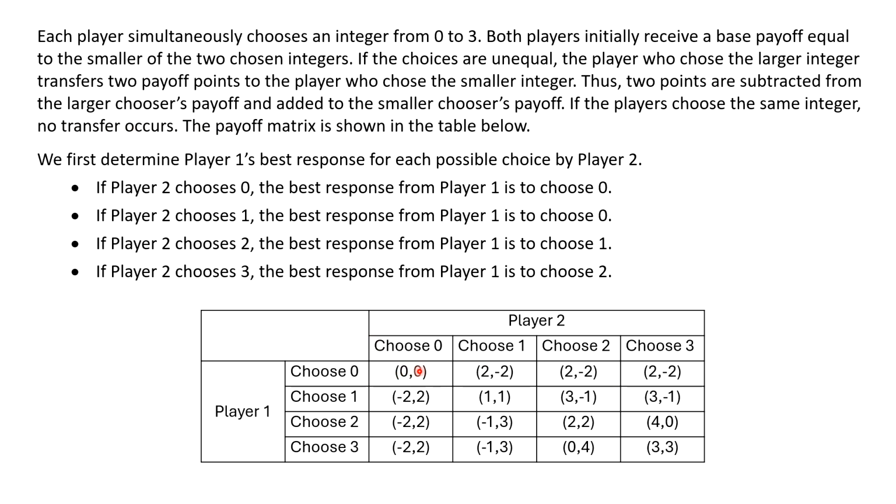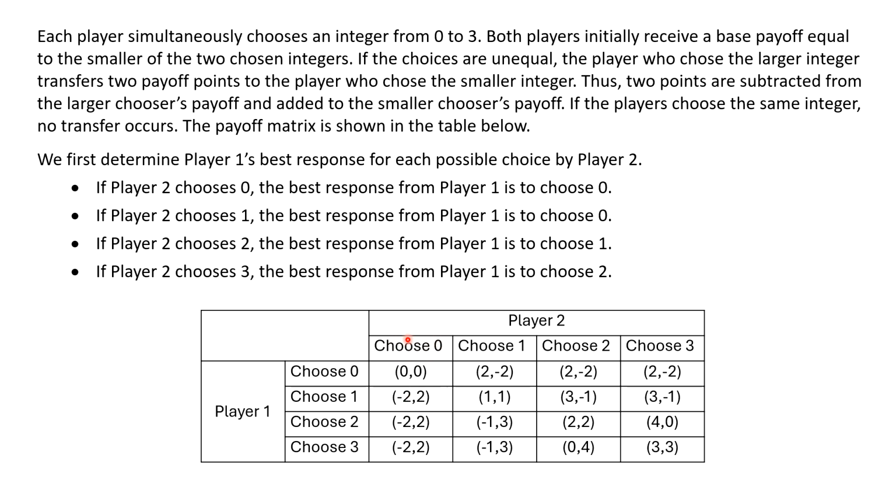So we can see that here. If they both choose 0 or 1 or 2, they just get what they've selected. So that's their payoff. If player 1 chooses 1, which is bigger than 0, then it has to give 2 points.